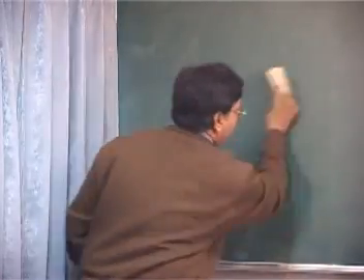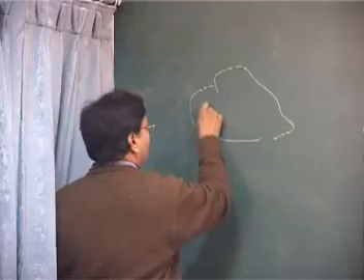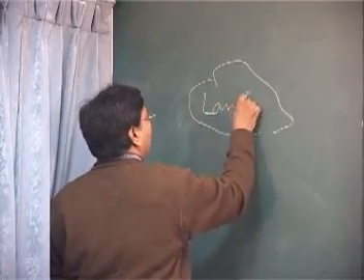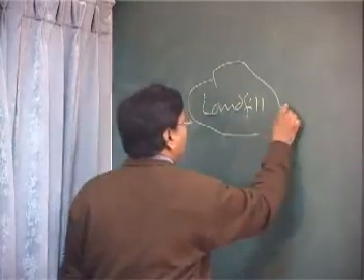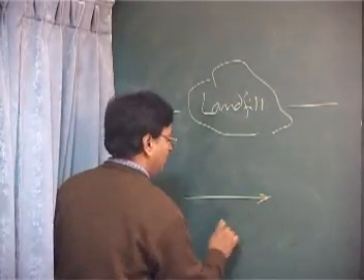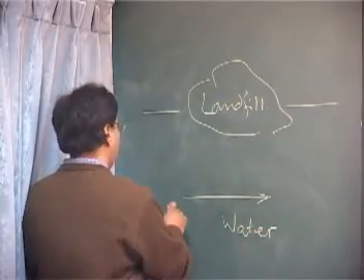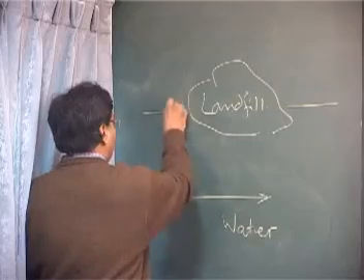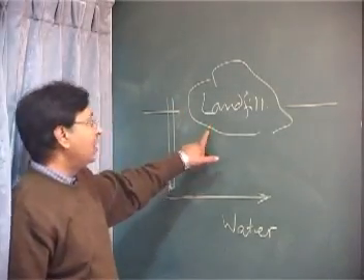A serious court case in the US. It was a landfill. This is the flow direction of water. Then they have the bore wells, and they take some observations because of the leachate pollution.